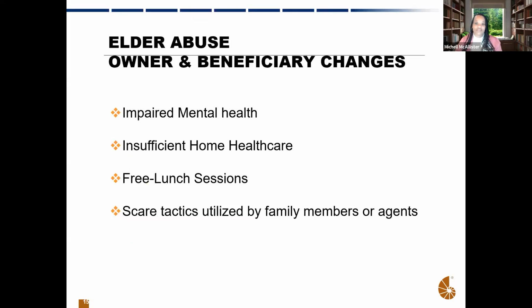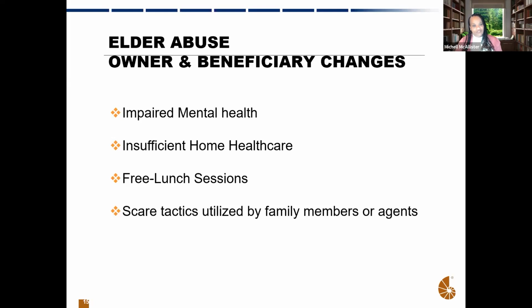All right, so here's a case study on elder abuse and owner and beneficiary changes. A lot of times this happens when we have a person that has impaired mental health. And sometimes what we'll see in the file is that there's insufficient home health care, either by a family member or a caregiver, and sometimes that could be because they were trying to urge on the insured's death.